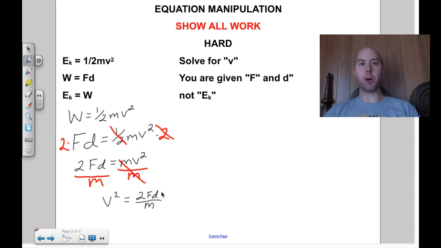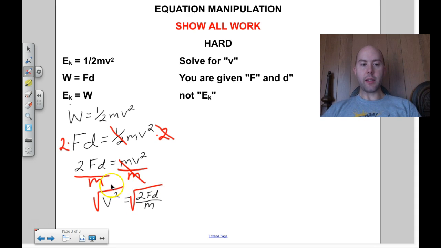Okay, last part now. I have to get rid of the square. How do you get rid of a square? Hopefully you learned this in one of your math classes, but if you haven't, wait, what's that? Good job, you're right. You take the square root of both sides. We did it. To get rid of a square, you take the square root of something. So I'm going to take the square root of both sides.